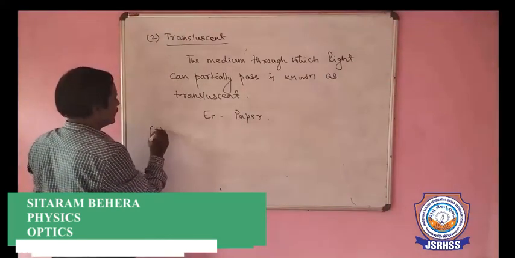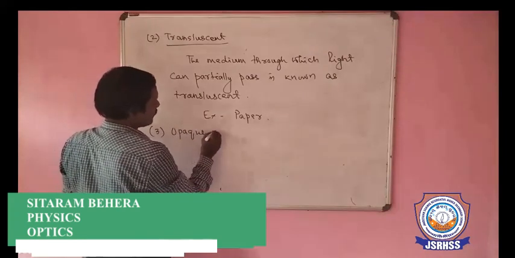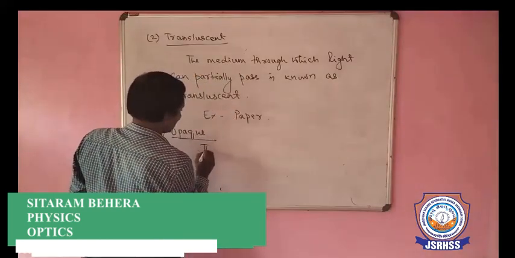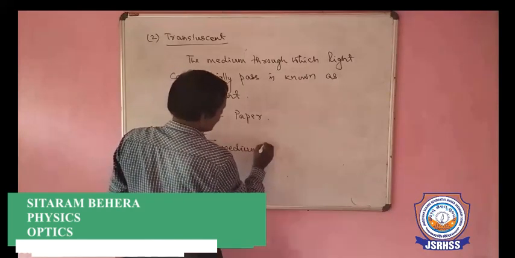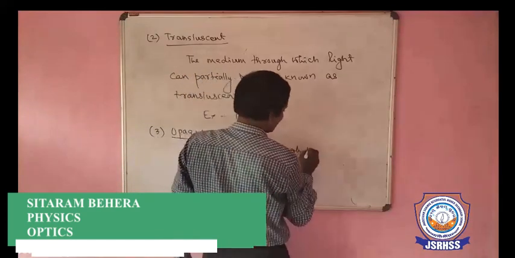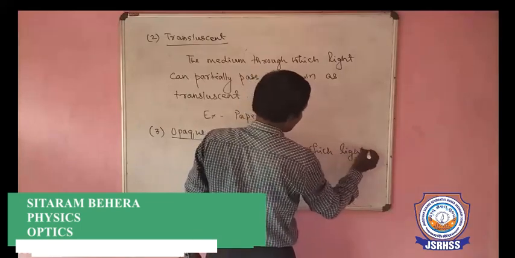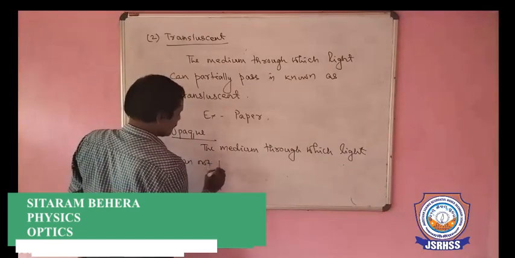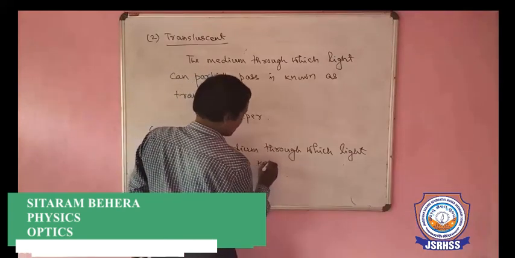Third one, opaque. The medium through which light cannot pass is known as opaque.